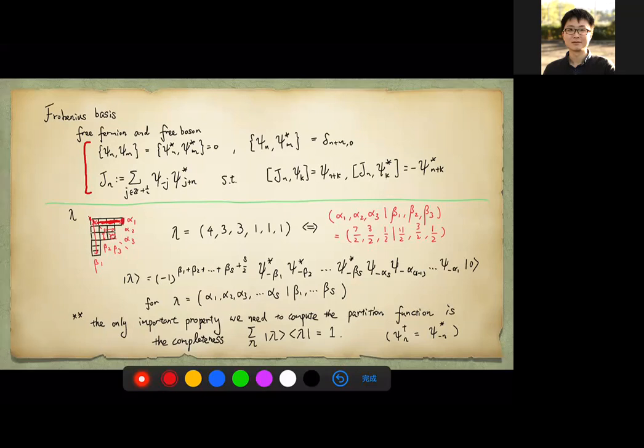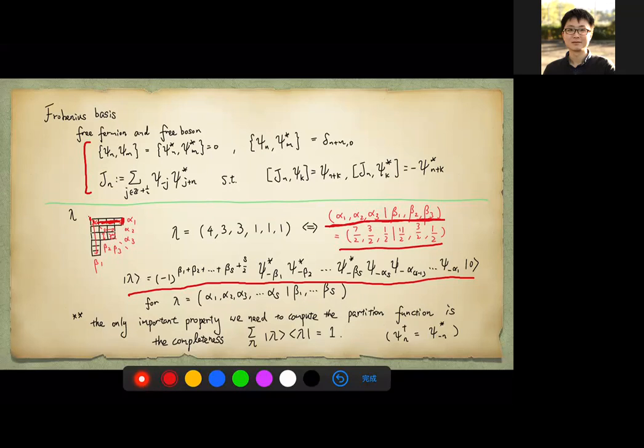The Frobenius basis looks like this for this Young tableau, and then we can use these fermionic generators to write down the fermionic basis, and use it to compute the O vertex, as I mentioned before.